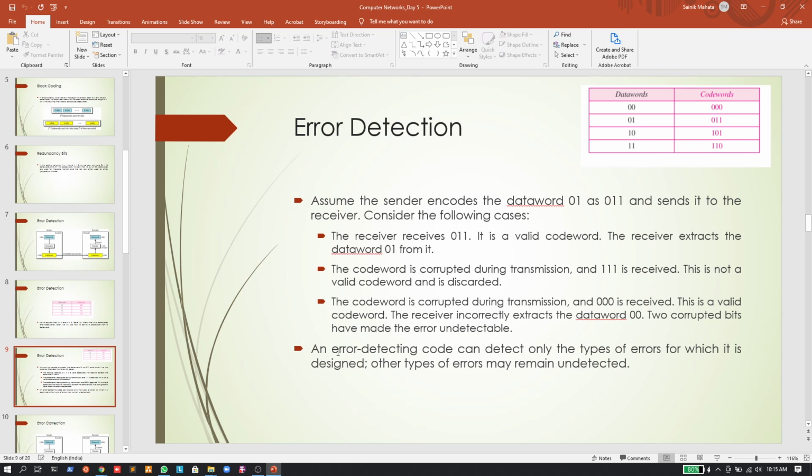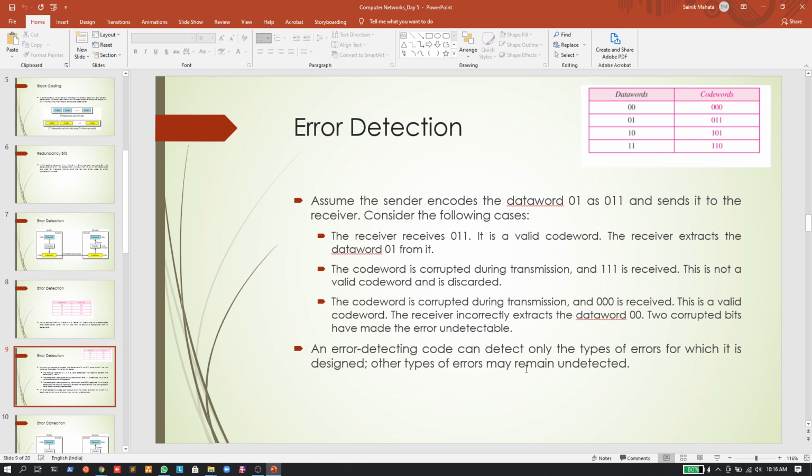An error detecting code can detect only the type of errors for which it is designed. If I design an algorithm for detecting 1-bit errors, it will detect 1-bit errors; if I design one to detect 2-bit errors, it will detect 2-bit errors. For other types of errors, it may remain undetected. We will see the specific scenarios where we design algorithms to detect 1-bit or 2-bit errors.